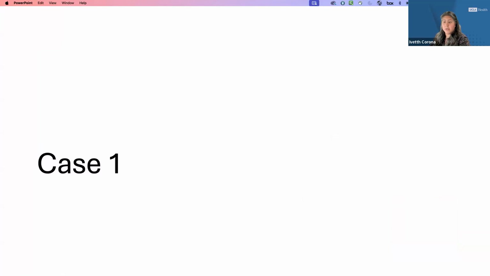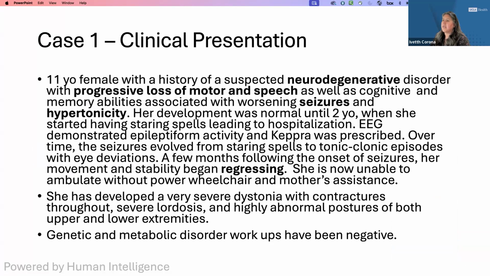Right now, I'm going to present two cases where we used long read to solve them. The first case is an 11-year-old female with a history of suspected neurodegenerative disorder, with progressive loss of motor and speech, as well as cognitive and memory abilities, associated with worsening seizures and hypertonicity.